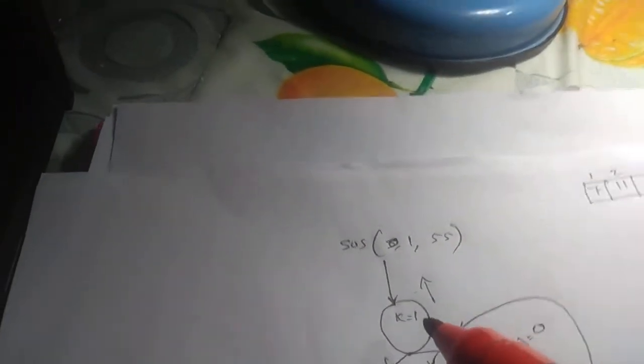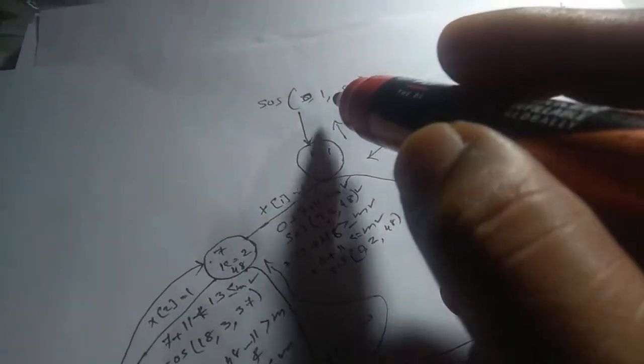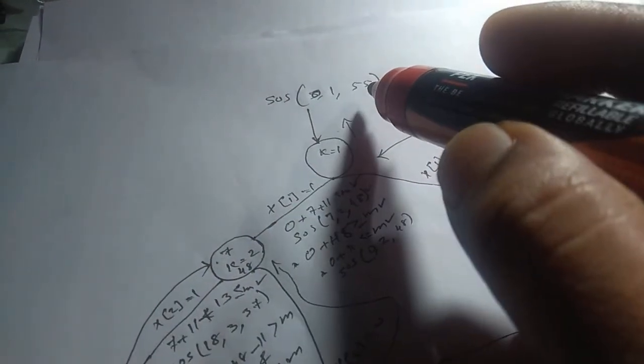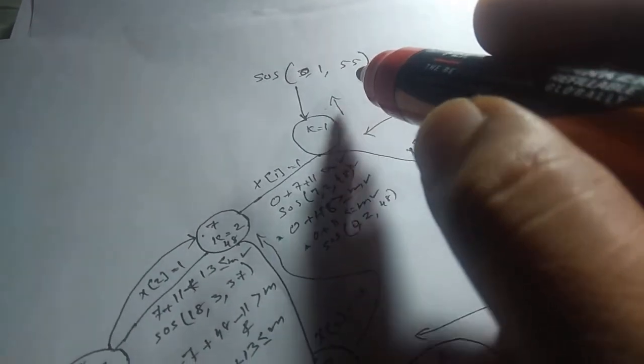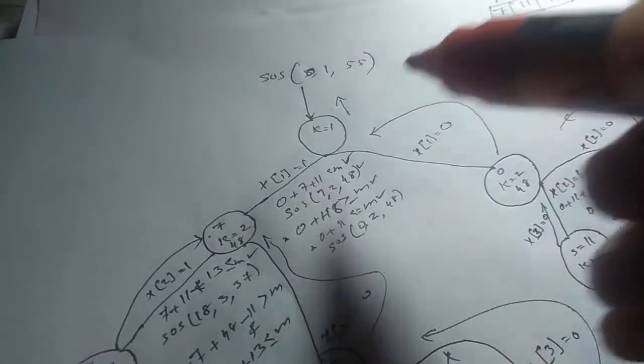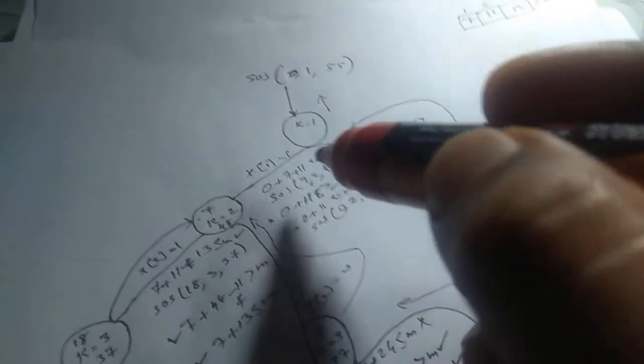So here k equal to 1, sum comma k comma r. Initially r is the sum of all elements, so it is 55. K equal to 1. What it has to do?